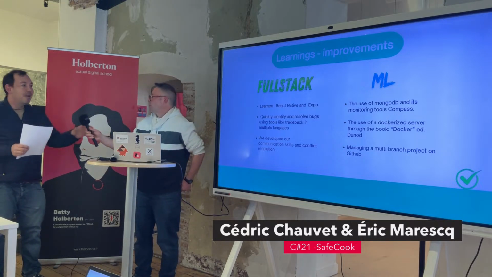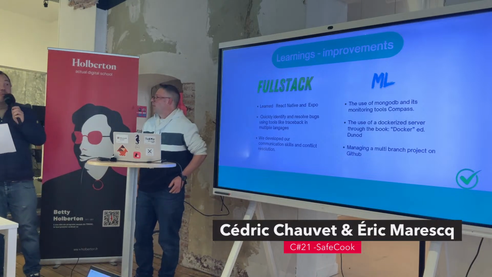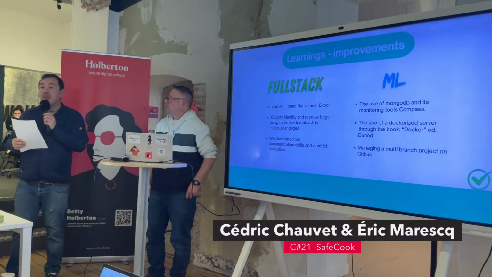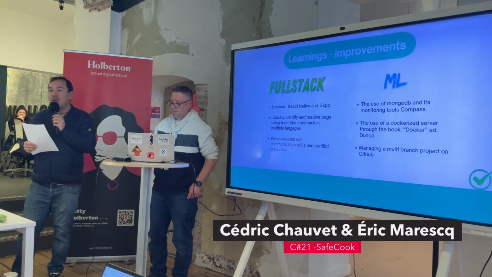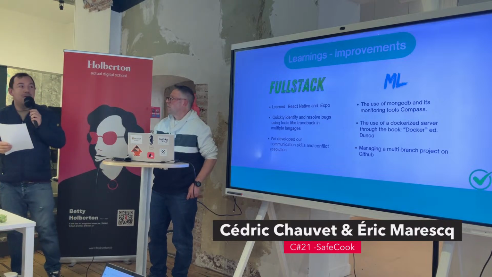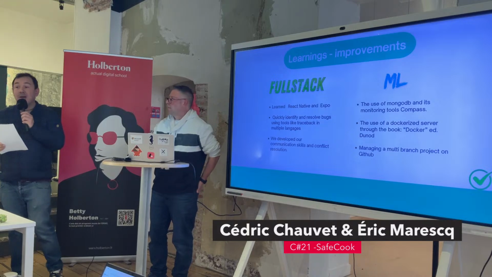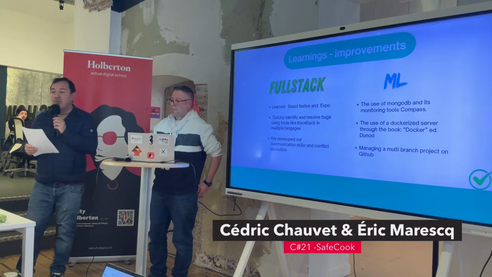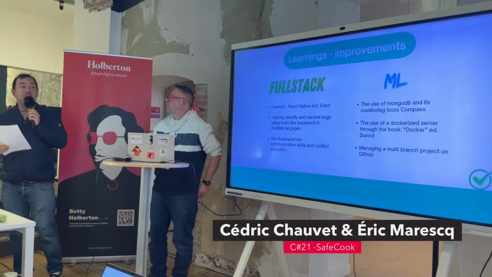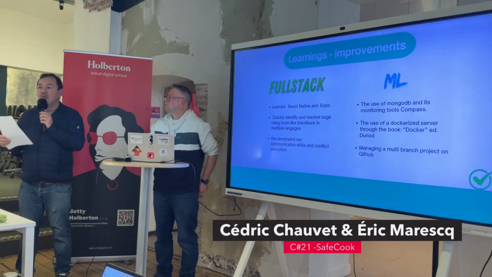And your part? Yes, for the machine learning, the use of MongoDB, which is easy to use and welcome for an ML developer like me, and also the Dockerized server, which was very interesting to develop. I used the book of the Docker edition to understand and to make something which is working.